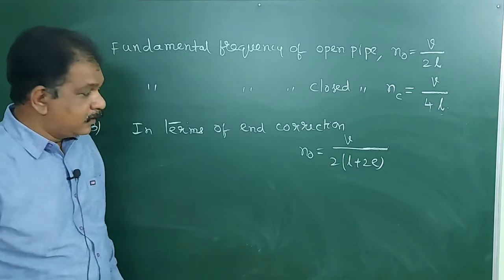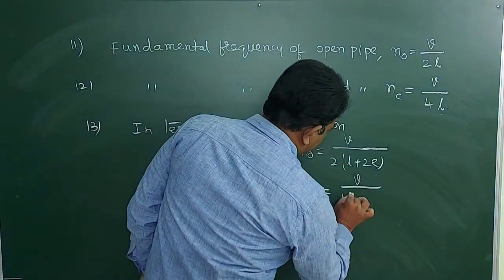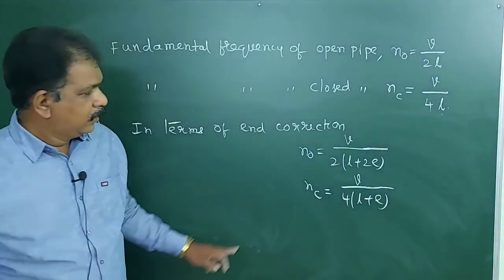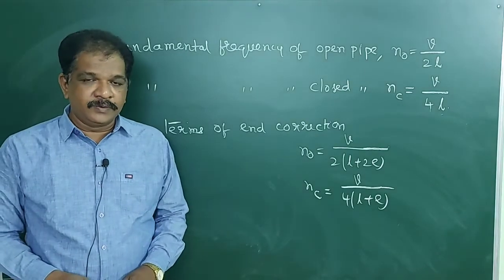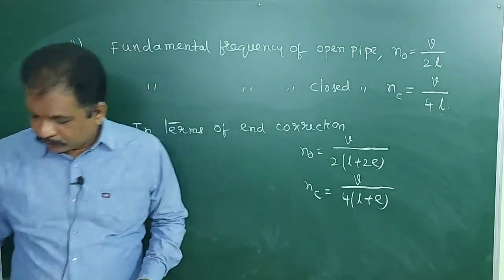If end correction is also given, NC is equal to V by 4 into L plus E. These formulas we will use if we add end correction also.